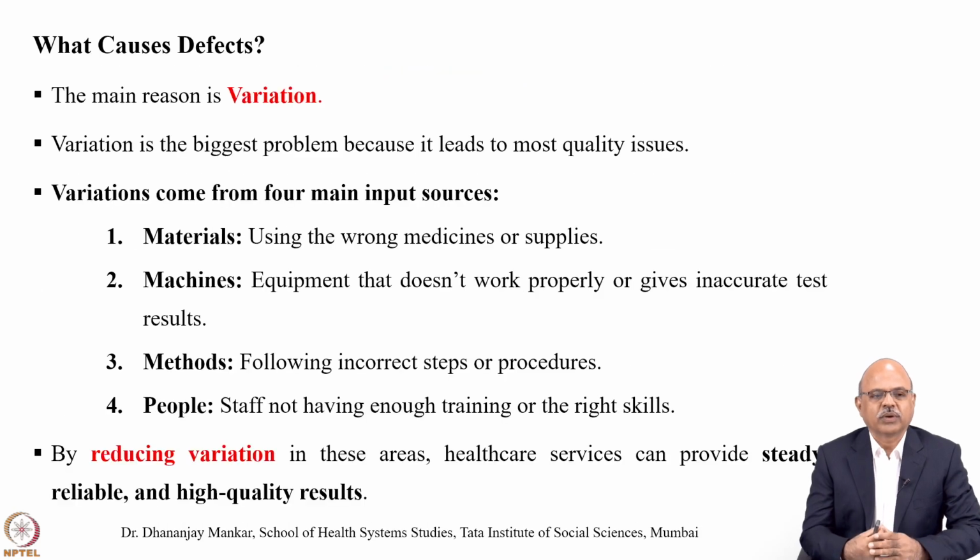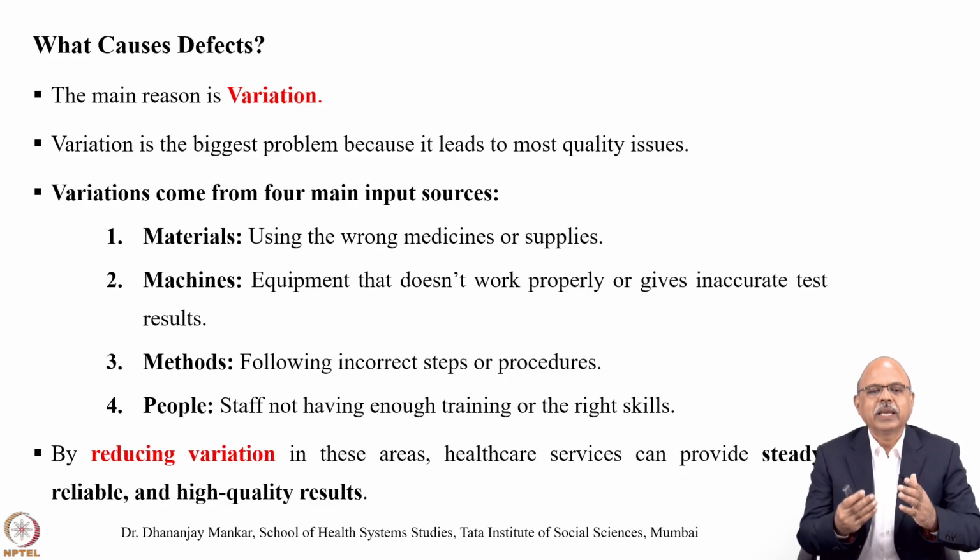So what causes a defect? The main reason is variation. Variation is the biggest problem because it leads to most quality issues. Variation comes from four major input sources: materials, machines, methods and people. Materials: using the wrong medicines or supplies. Machines: equipment that doesn't work properly or gives inaccurate test results.